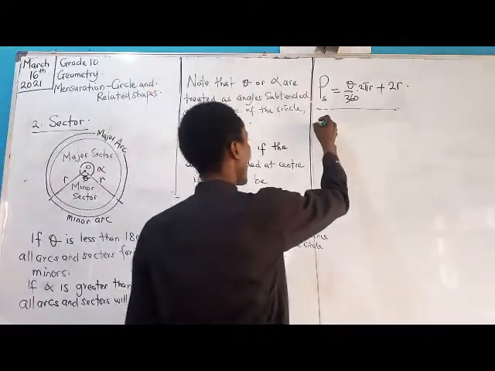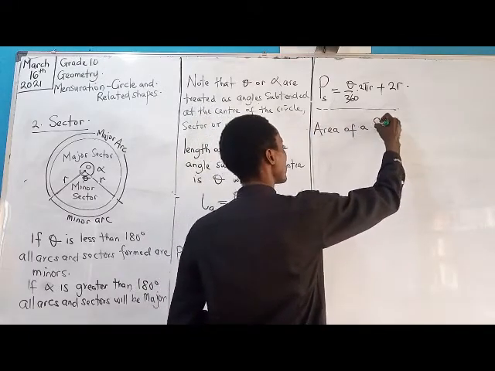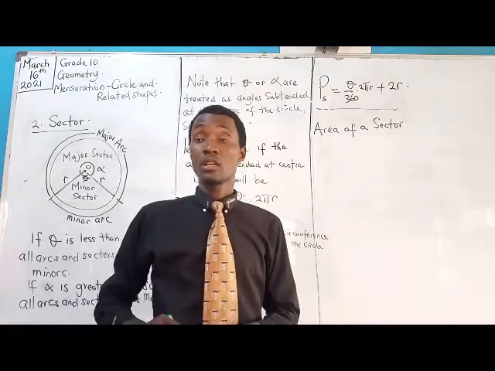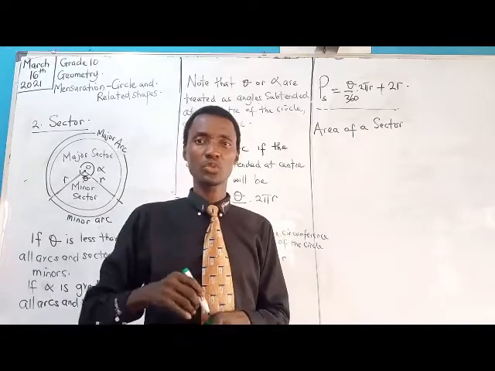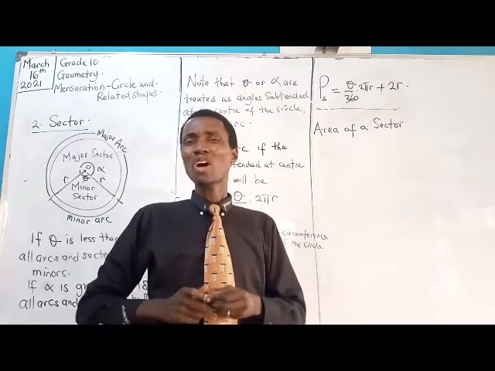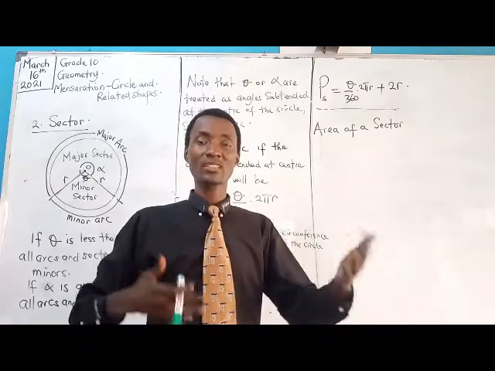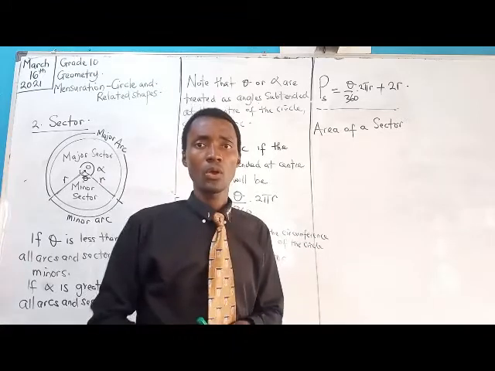So with that, we can also look for the area of a sector. Remember I said that the type of area you look for is a function of the angle given to you. So I will not bother so much about whether it is minor or major. When we start solving problems, we can narrow it out.